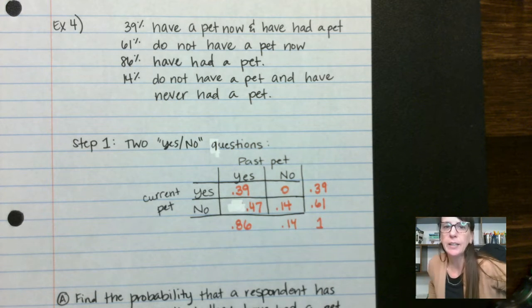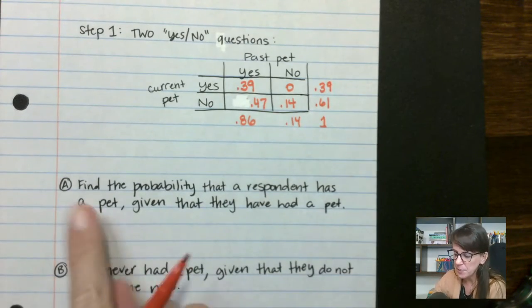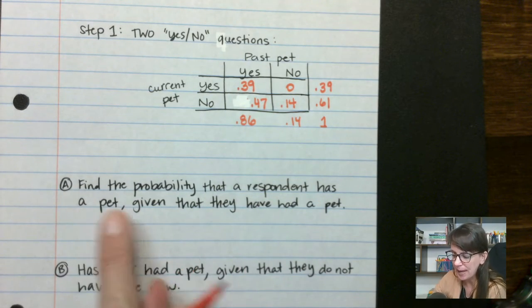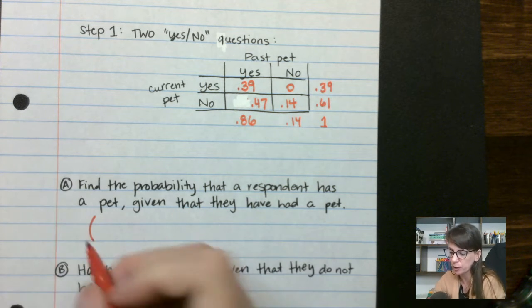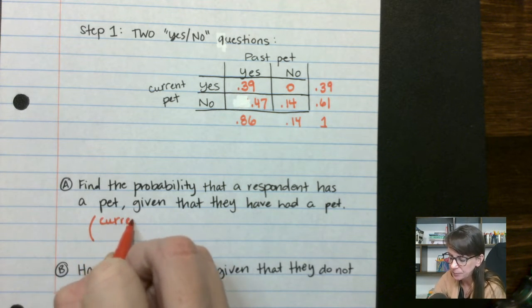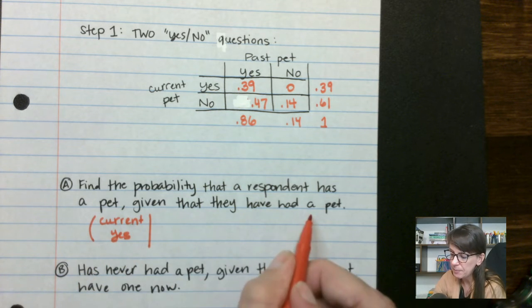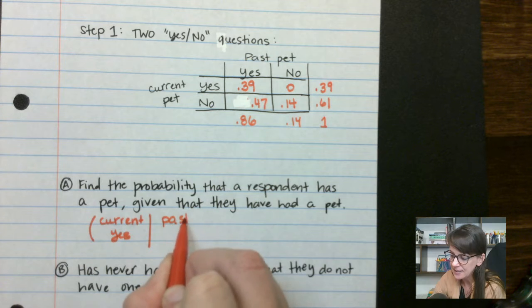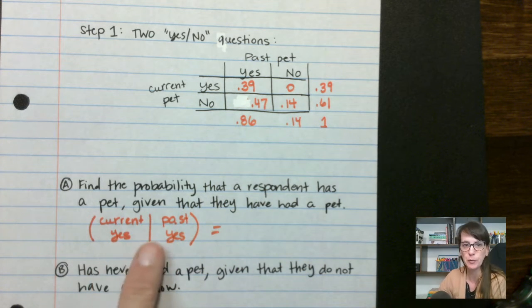So, okay, now taking a look at this, let's look at our questions. That was the important part. We have find the probability that a respondent has a pet given that they have had a pet. So, has a pet, so current yes, given past yes. Okay, so we need something that fulfills both those. Yes, yes.